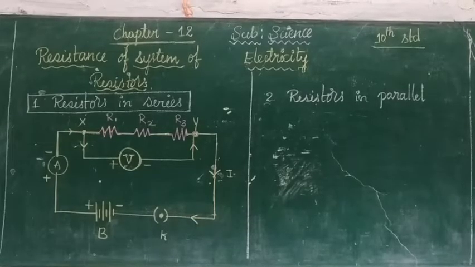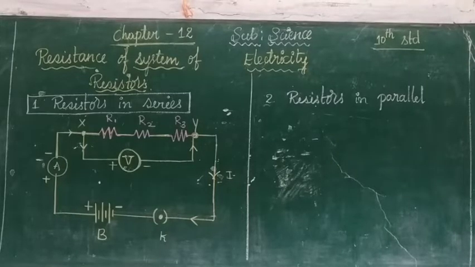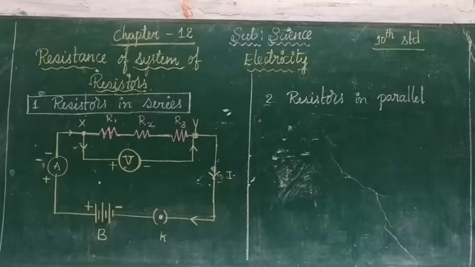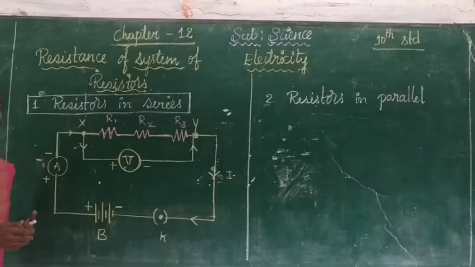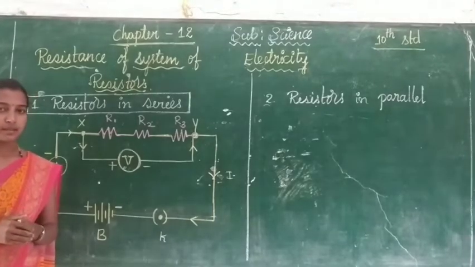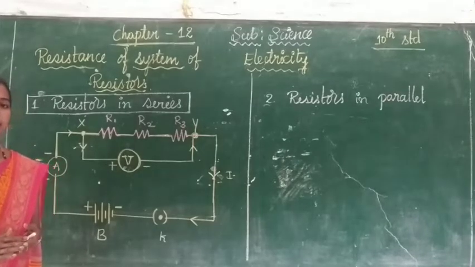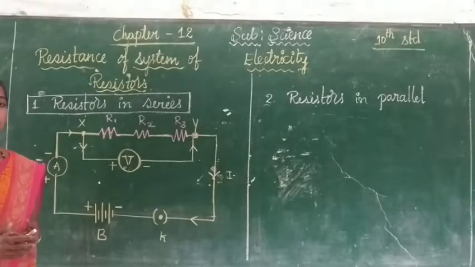Now come to the resistance of a system of resistors. We already learned about resistance in your last class. The factors affecting the resistance of a conductor are the area of cross section, the material of the conductor, and the length of the conductor.